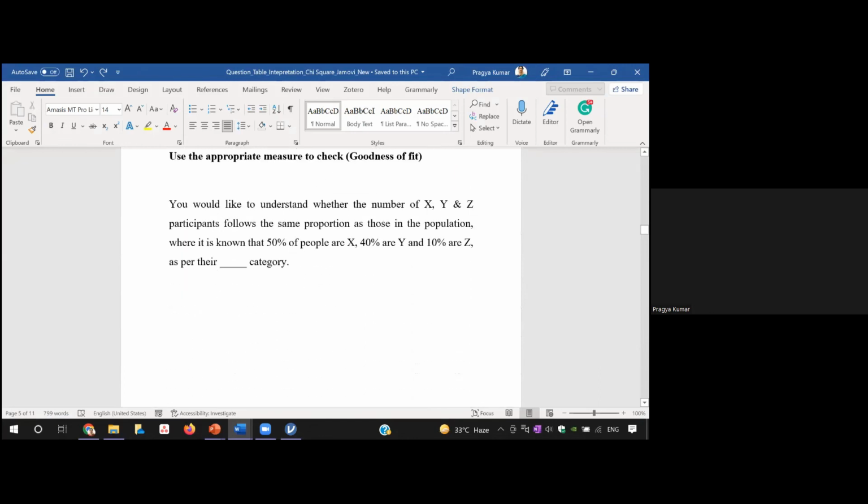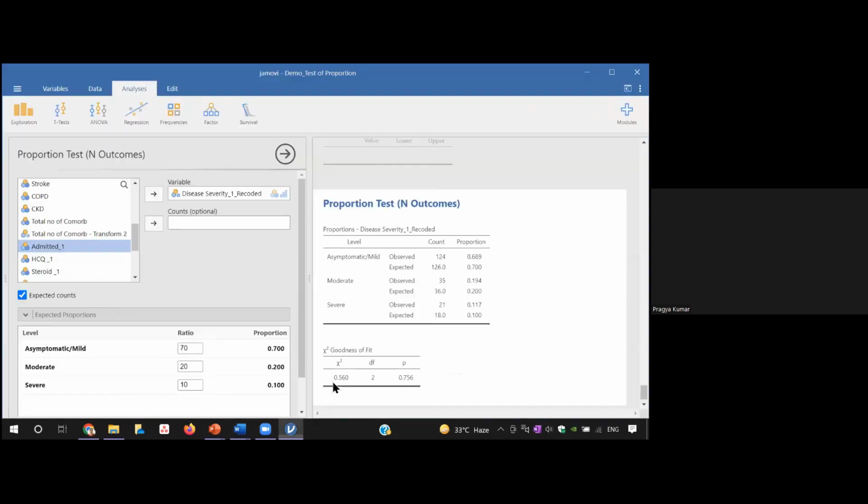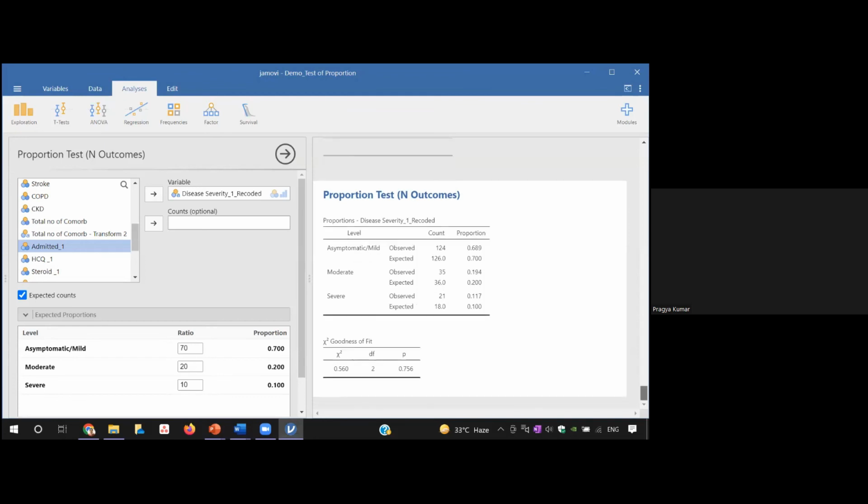For goodness of fit, in this case, you can write that these many participants were of X, these many of Y, and these many of Z. And since there is only one assumption in this case, the expected cell frequency, you can write that the expected cell frequency in one cell was less than 5. So this was for the chi-square test of goodness of fit.